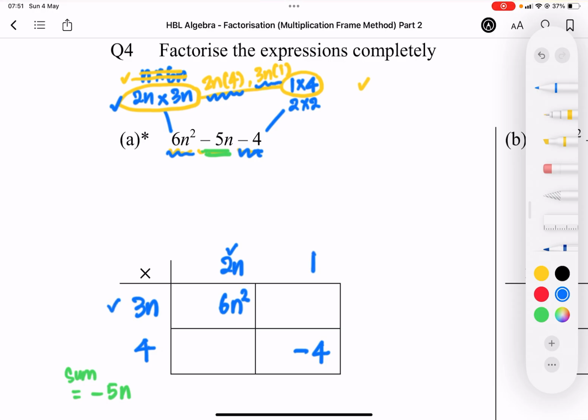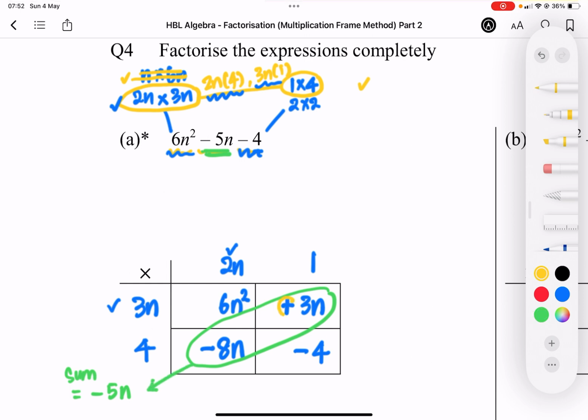So let's multiply them. We get 3n here, and we get 8n. So to get negative 5n, we can assign negative to 8n and positive to 3n. With this, we will end up with negative 5n.